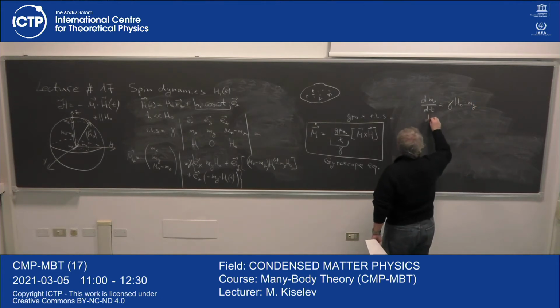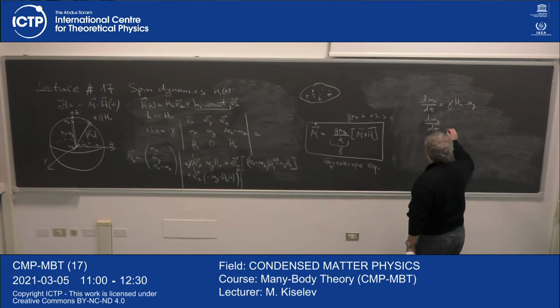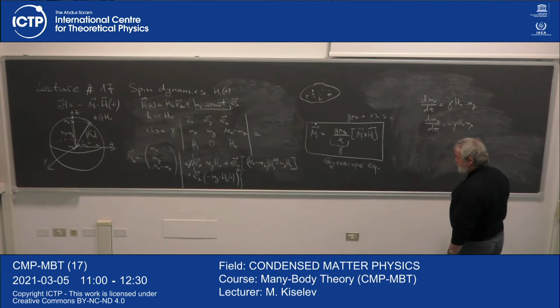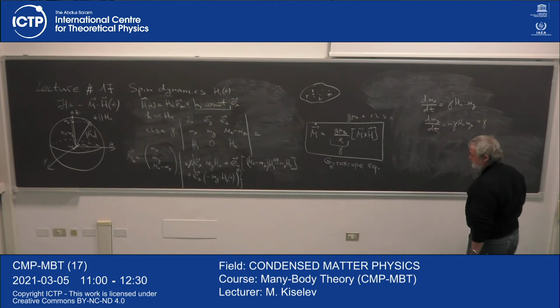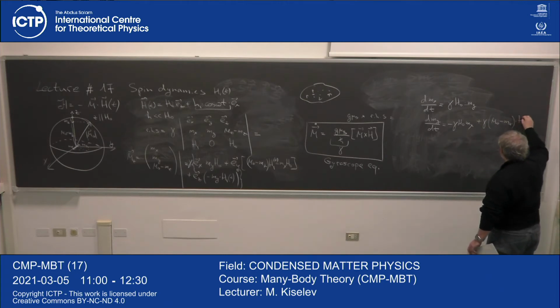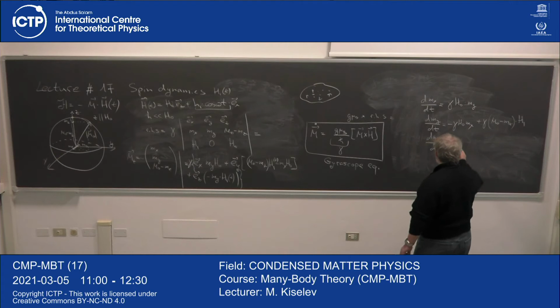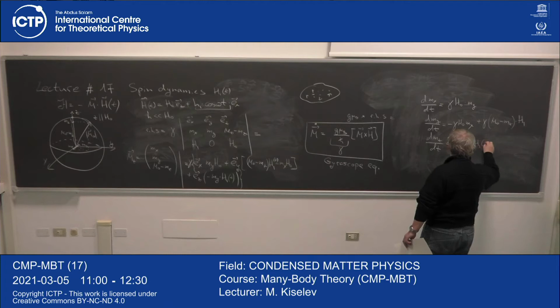Then dmy over dt is equal to minus gamma h node mx plus gamma (m node minus mz) times h1, and dmz over dt is equal to minus gamma my h1.